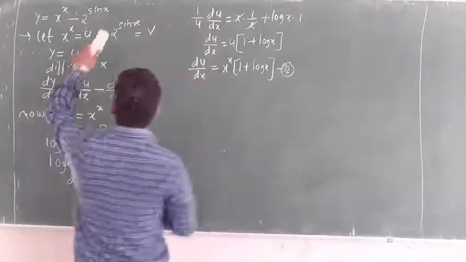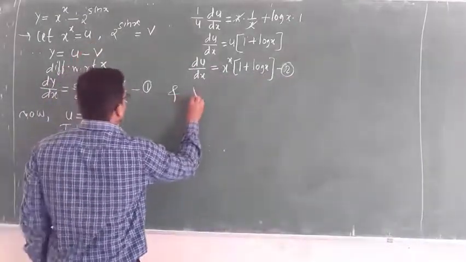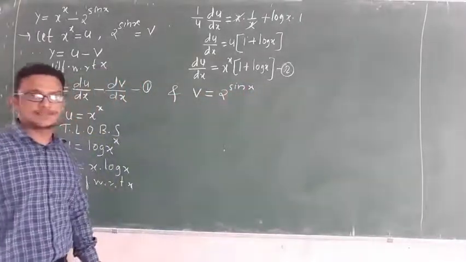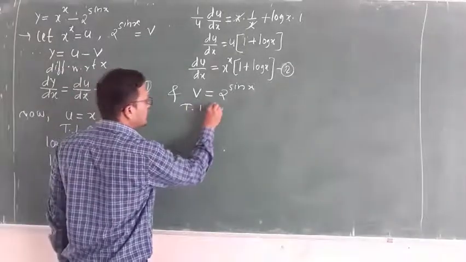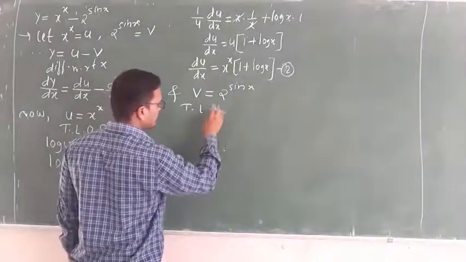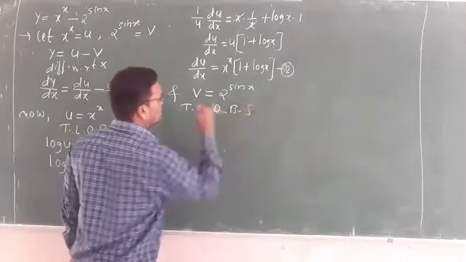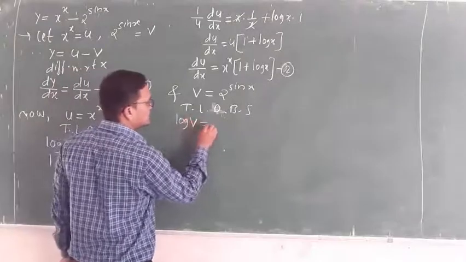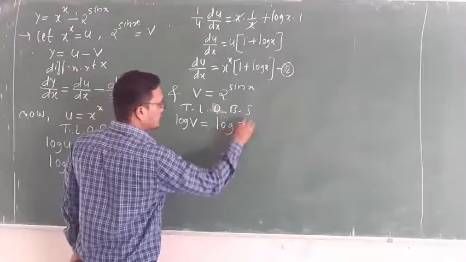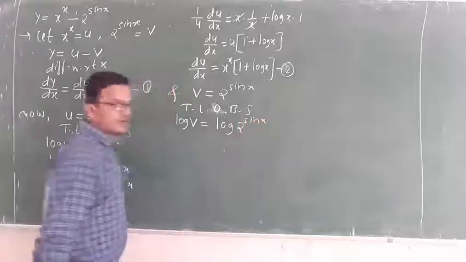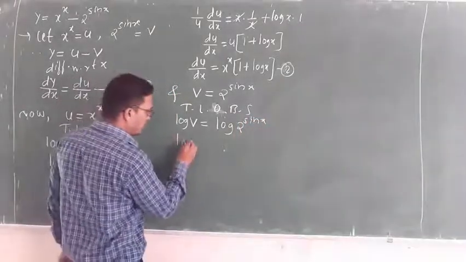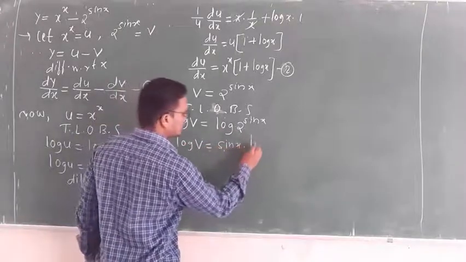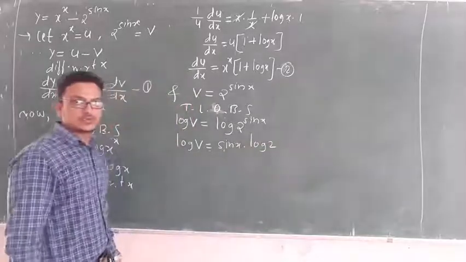Now let us take the next. v is equals to 2 to the power sin x. Taking log on both the sides, log v is equals to log 2 to the power sin x. Applying the logarithmic property, log v is equals to sin x into log 2.